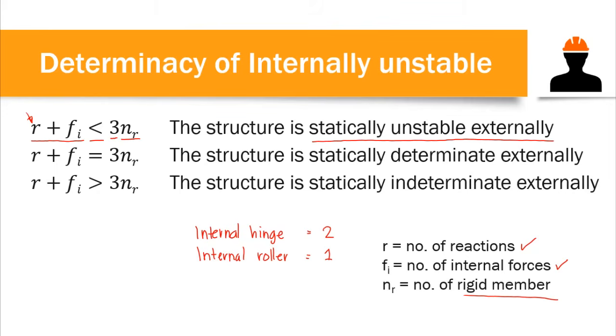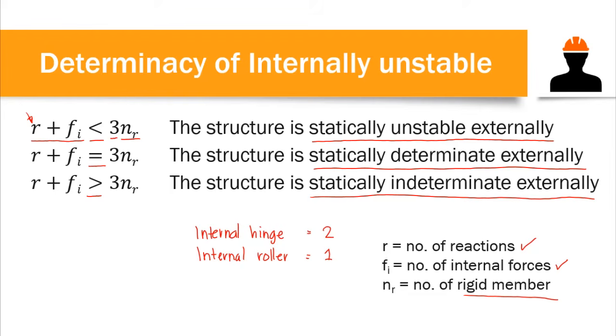If equal, the structure is statically determinate externally. If greater, the structure is statically indeterminate externally. That is how we compute the determinacy of internally stable and internally unstable structures.